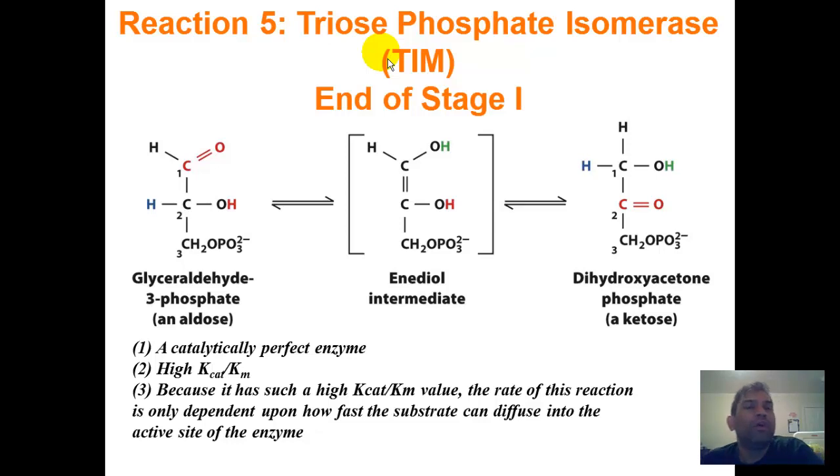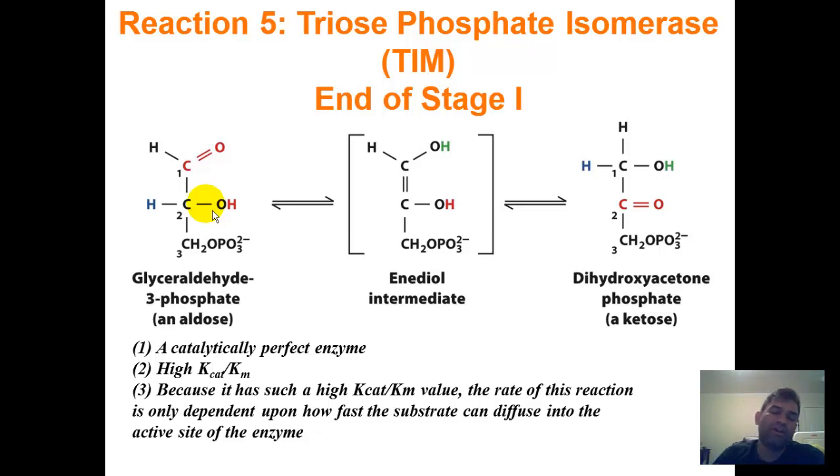All right, so that was reaction 4. Reaction 4 was aldolase. Reaction 5 is triose phosphate isomerase. And triose phosphate isomerase actually is going to do one thing and one thing only. It's going to take the dihydroxyacetone phosphate that you made before in the previous reaction and convert that to a second molecule of glyceraldehyde 3-phosphate.